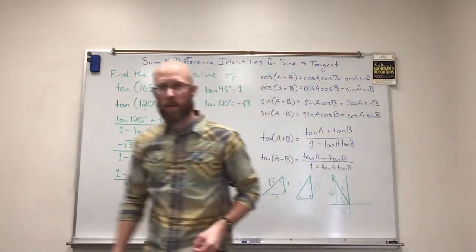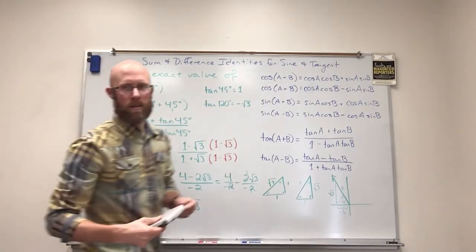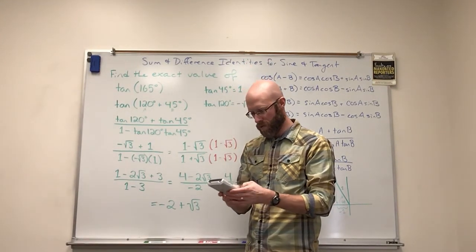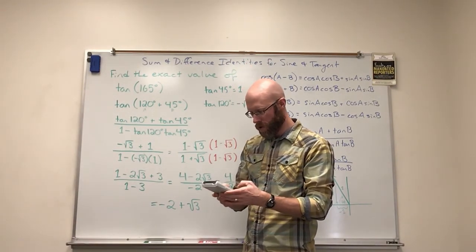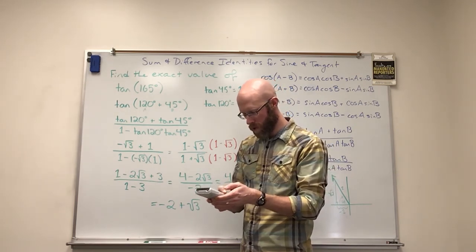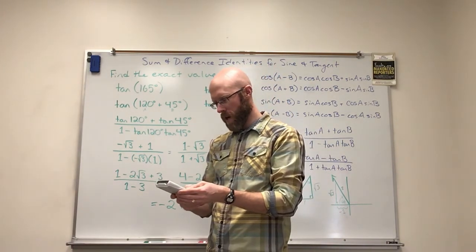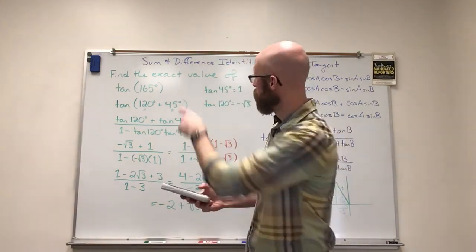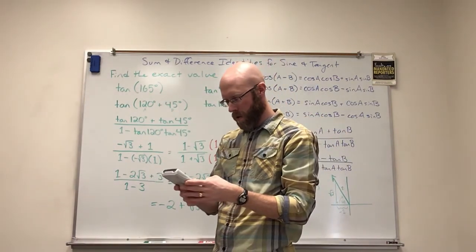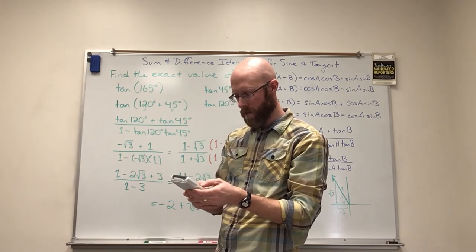If I throw this in a calculator, which I need to grab, okay, got my calculator. I'll display this once I punch it in. Negative 2 plus square root of 3. And while I'm at it, I'll throw in the tangent of 165 and make sure that I'm in degree mode, which I'm not.